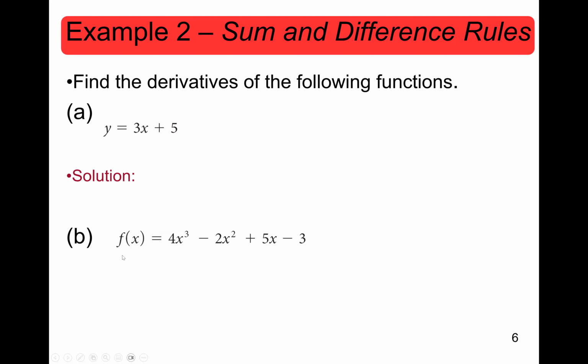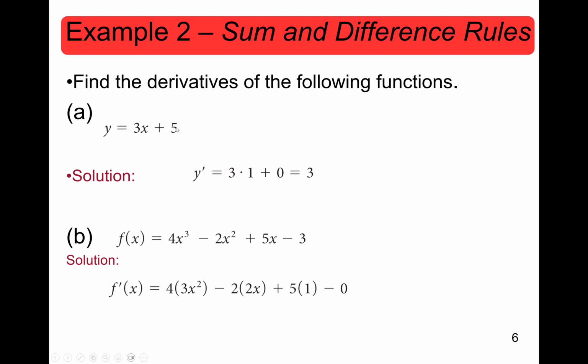B, we're going to find f at x equal to 4x cubed minus 2x squared plus 5x minus 3. So the derivative of 4x cubed will give us 12x squared. The derivative of 2x squared will give us minus 4x. Then the derivative of 5x will give us 5. And the derivative of negative 3 will give us 0. So that's both solutions.